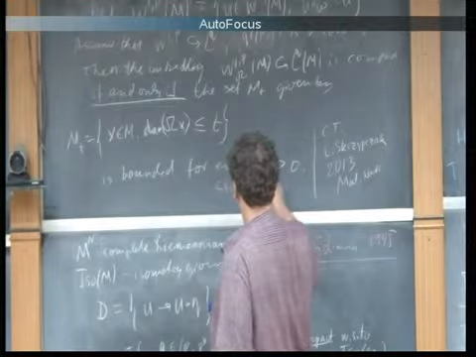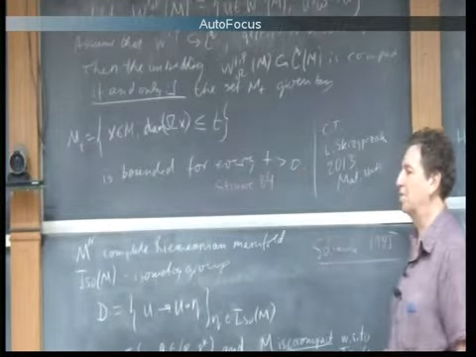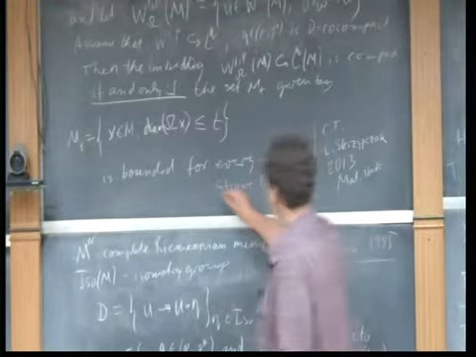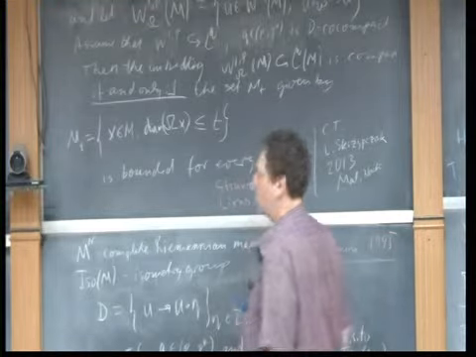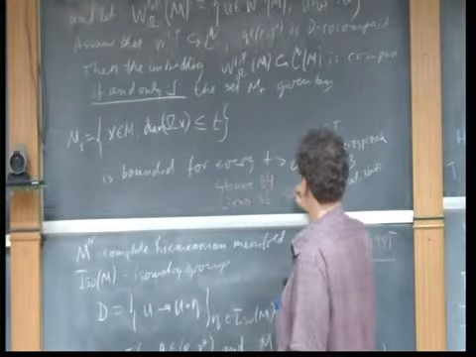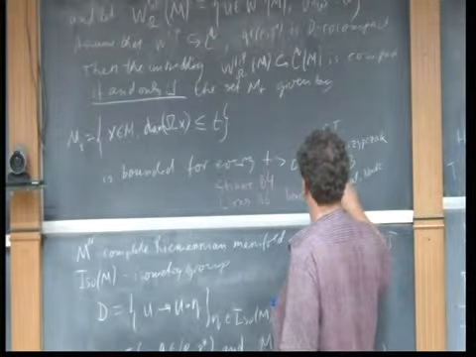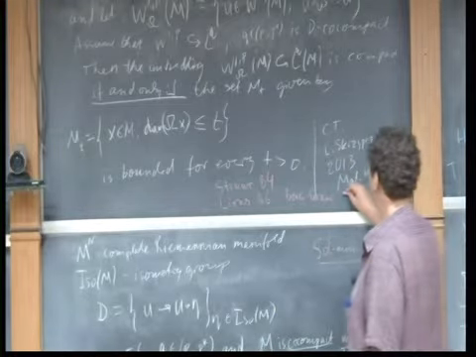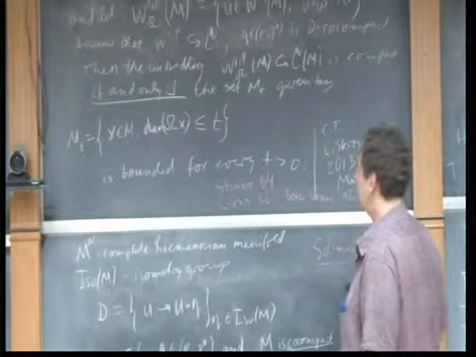Struwe '84, but his profile decomposition was for Palais-Smale sequences for elliptic operators. It was not for the general case. Lions produced his versions in '86, also Palais-Smale. Benci and Cerami did both unbounded domains and critical exponents, I think in '92. Still only Palais-Smale sequences.